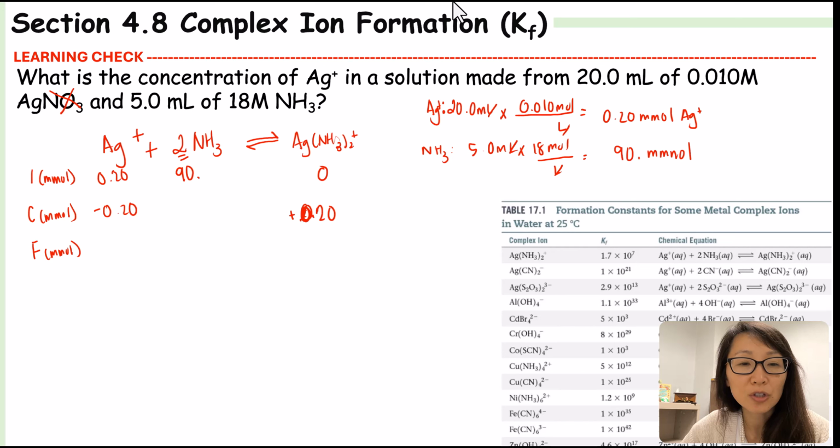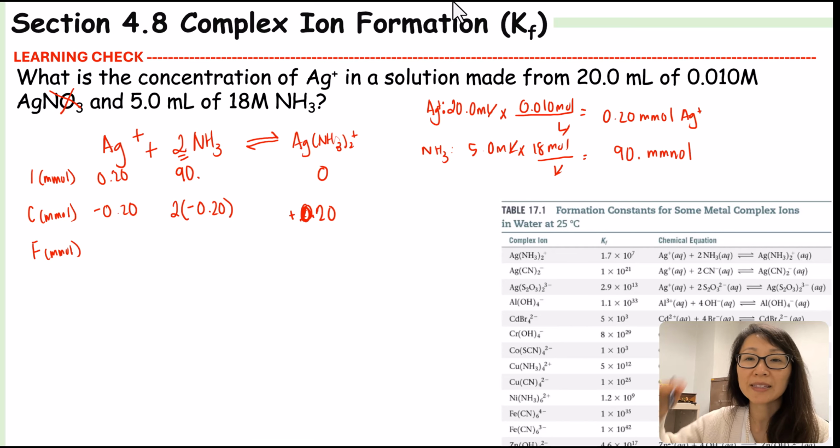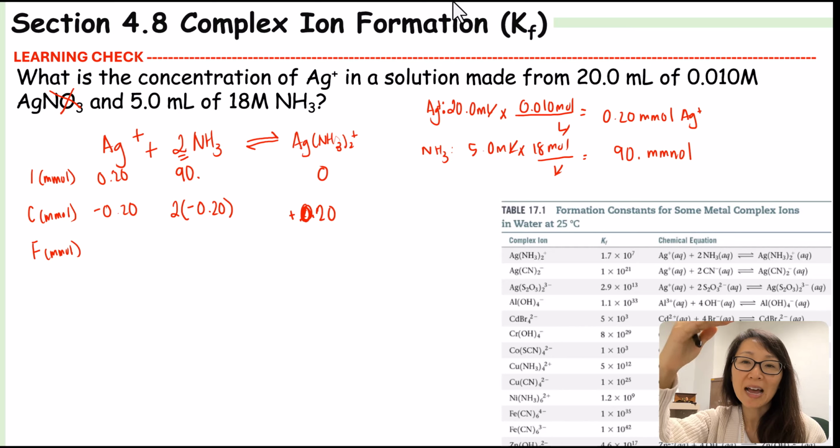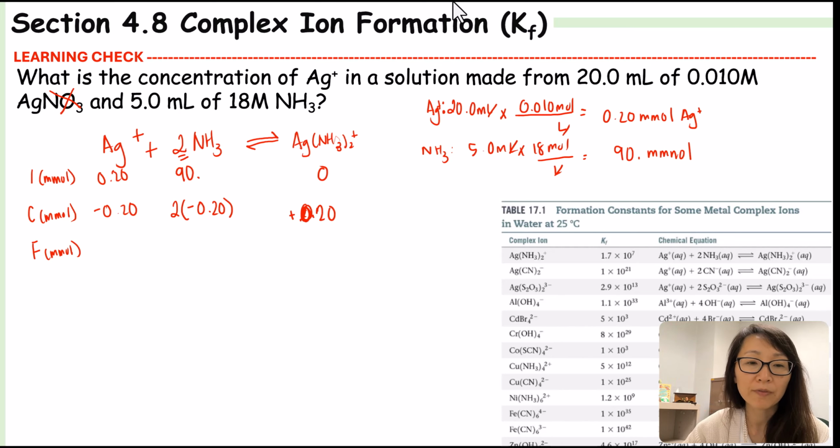And so if there's a coefficient of 2, then we need to write 2 times what was originally the limiting reagent. And then we'll go ahead and add the I and the C value together and see what we come up with as final. So here it's 0. This one would be 89.6.